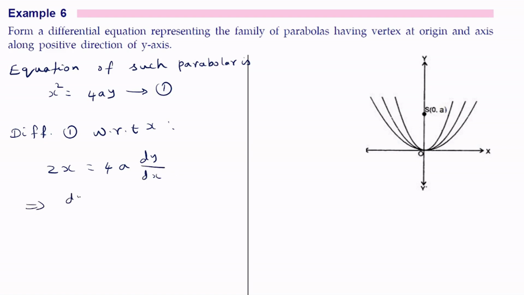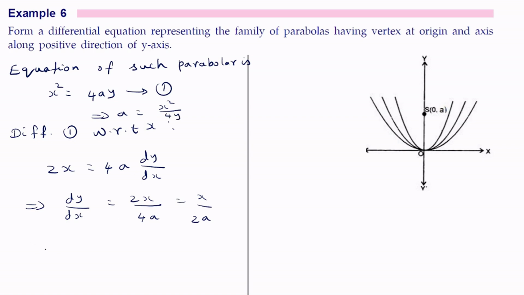From this we get dy by dx equal to 2x by 4a, or it is x by 2a. From 1 we have a as x square by 4y. This implies a equal to x square by 4y.